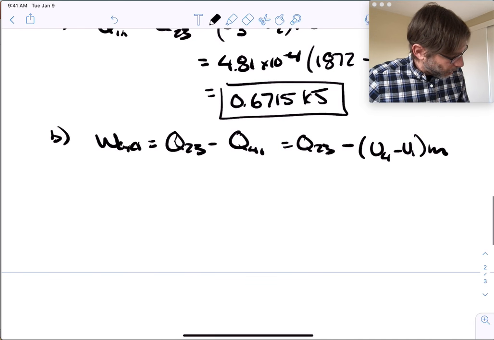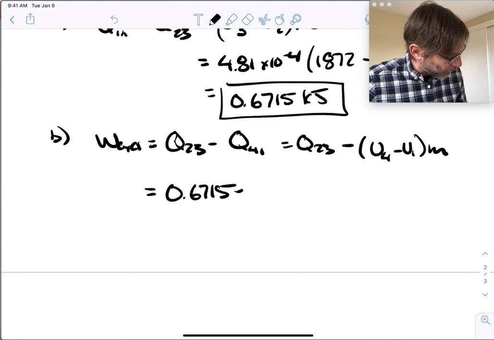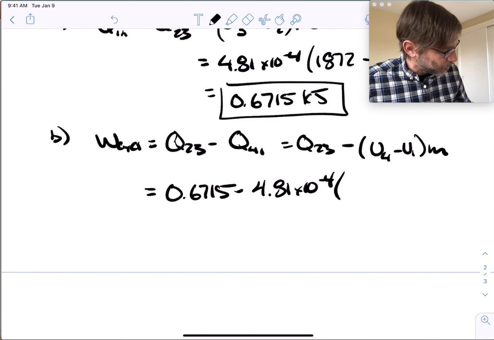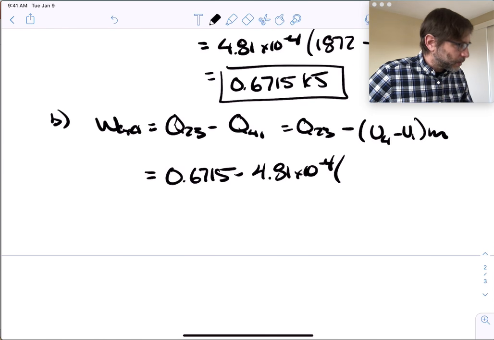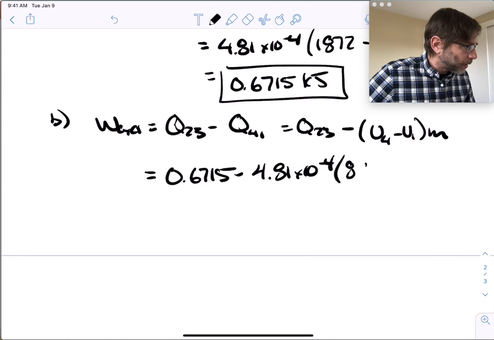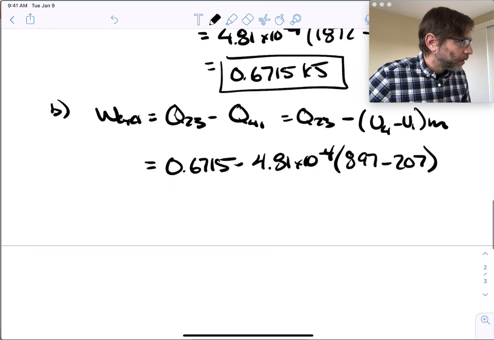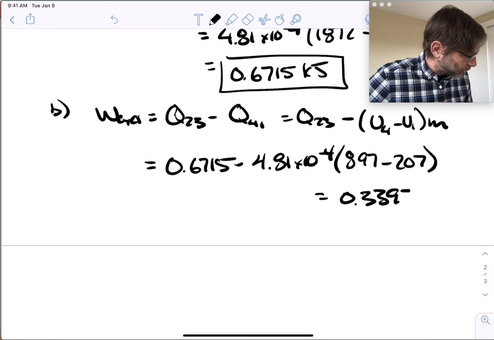If we plug that number in, 0.6715 minus, in scientific notation, 4.81 times 10 to the -4th kilograms times U4 minus U1, which is 897 minus 207, just rounded, gives us 0.3397 kilojoules.